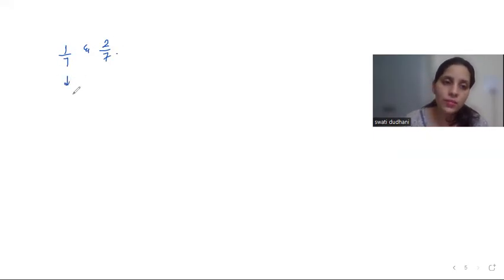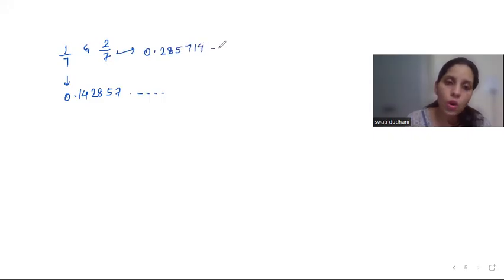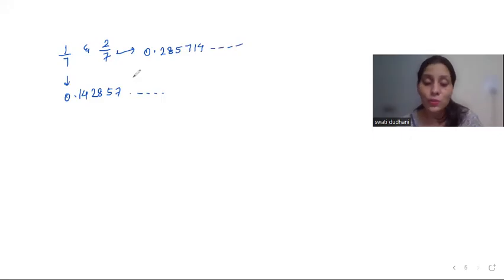So 1 by 7 is 0.142857 and it keeps on repeating. And 2 by 7 is 0.285714 and it keeps on repeating. So if I want to find irrational numbers between them, I can just check my two numbers, 28 and 14.